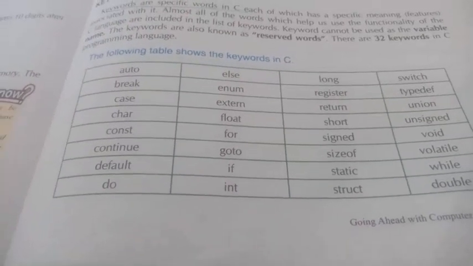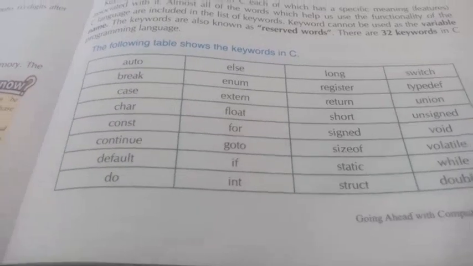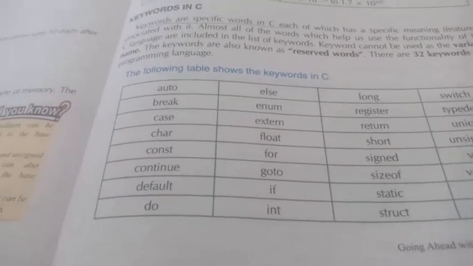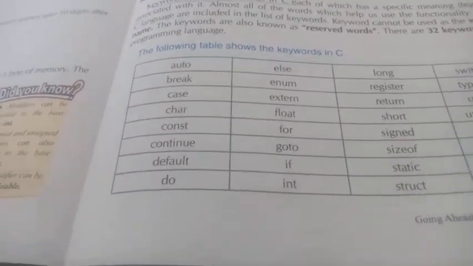and switch is also a statement in programming. For looping, if we need to repeat the process, we can use for. Goto: if you want to jump one step to the fifth step or 10 steps, you can use goto.